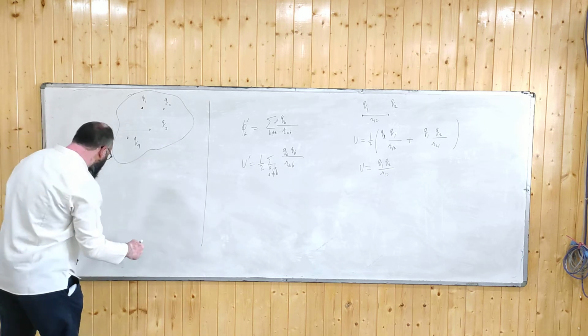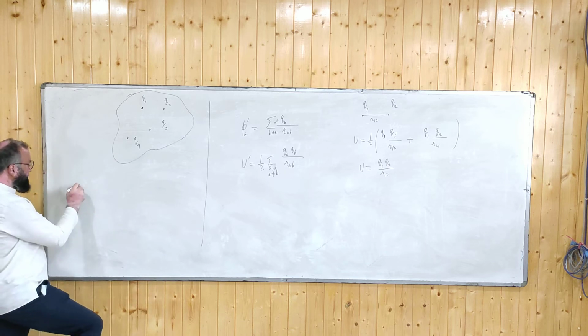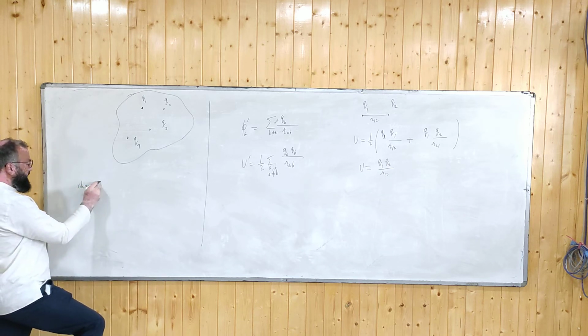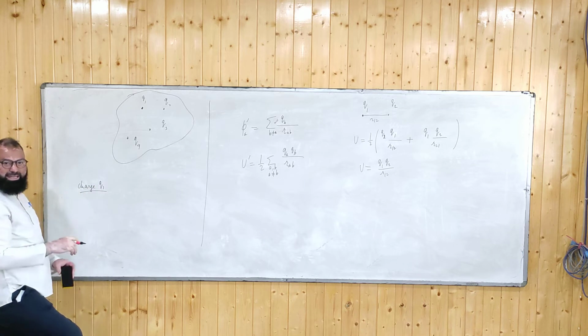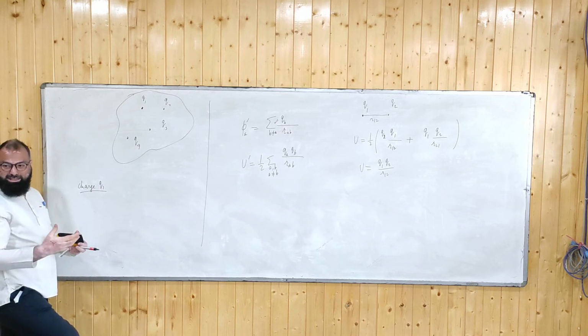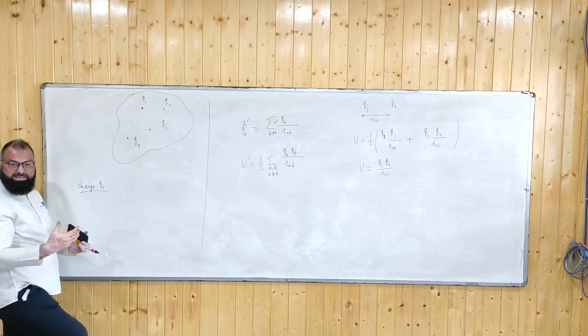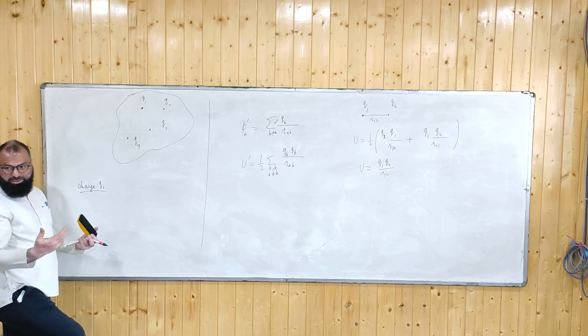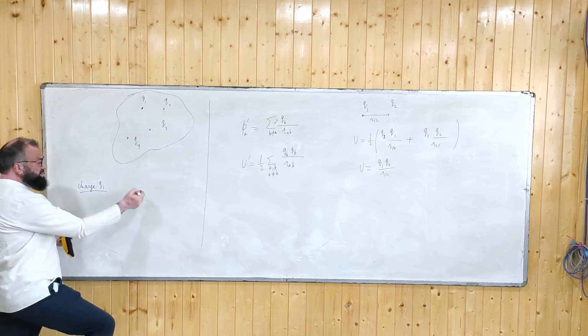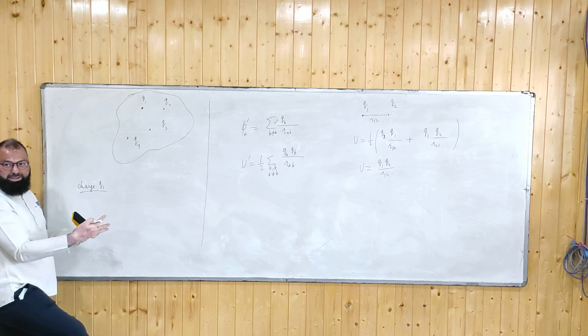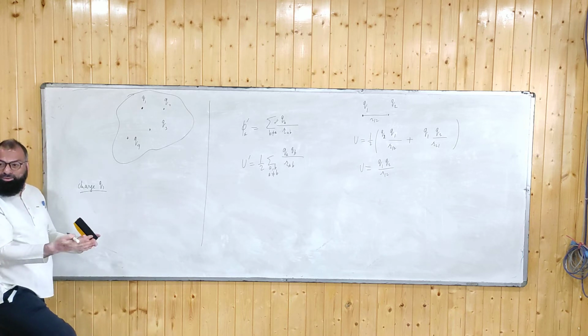So how do you do it? You take the first charge Q1, ignoring all other charges. Does this charge experience any field? No. So you can put the charge Q1 at an arbitrary point, and it requires no work.